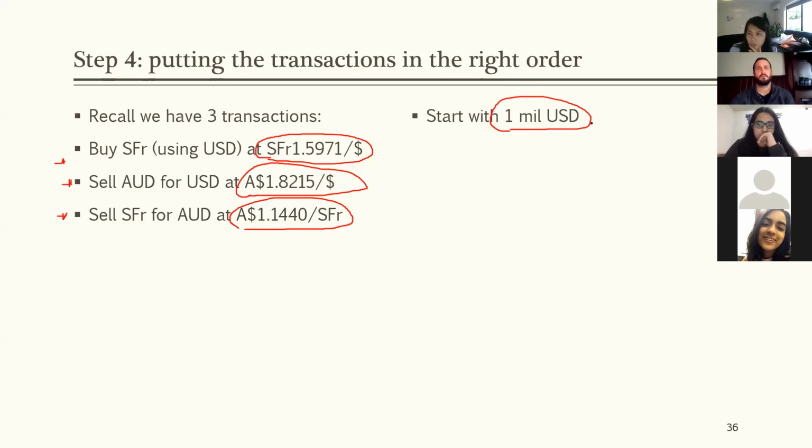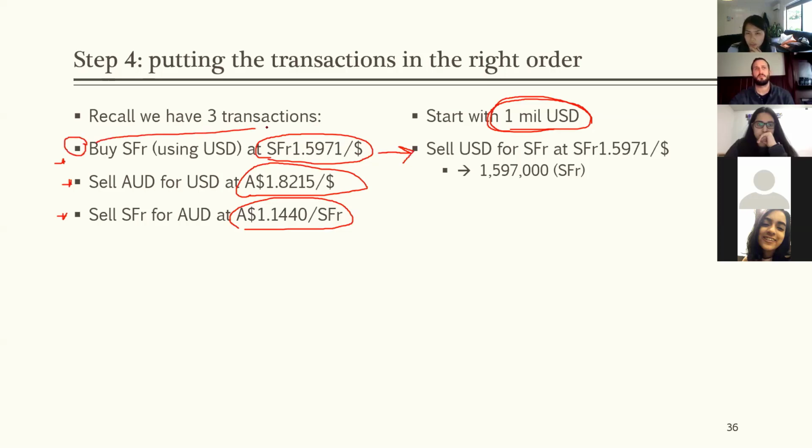So if I start with 1 million USD, I'm going to use that USD to acquire another currency, okay? So here the order of my transactions will look like this. First, I'm going to use the USD to buy the franc. So I'm going to rearrange the first transaction here.